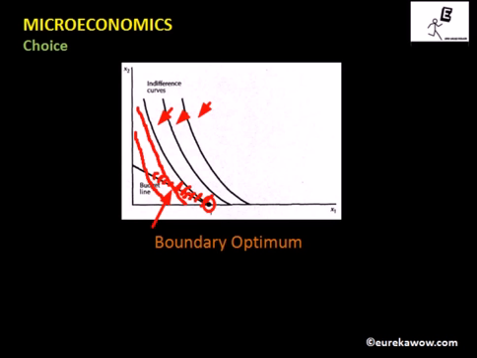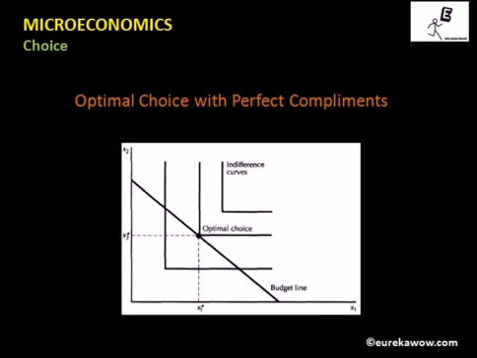As a result, we say that this point A is the point of optimality. So as you can see, point A is the point of optimality where the amount of good 2 that the consumer is consuming is equal to 0, and the consumer is spending the entire income on consuming good 1. So this is the case of a boundary optimum where the consumer consumes only one type of good.